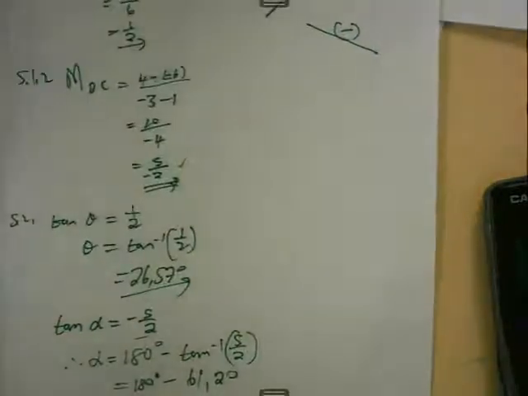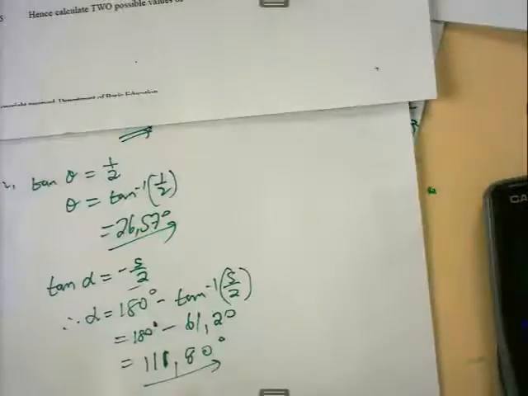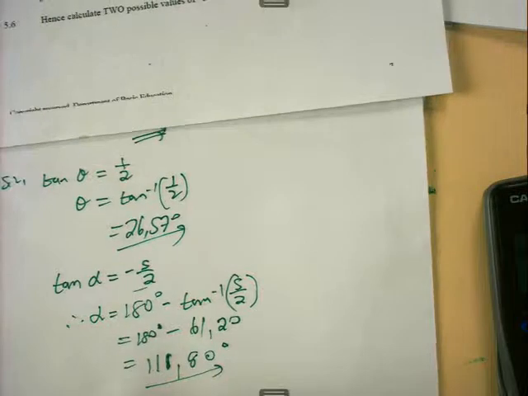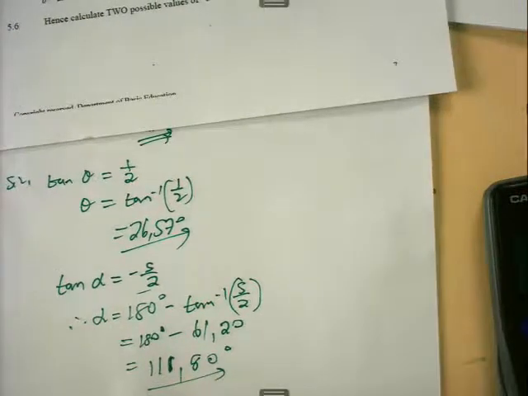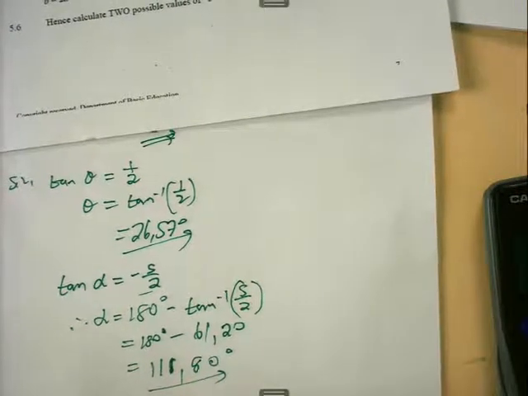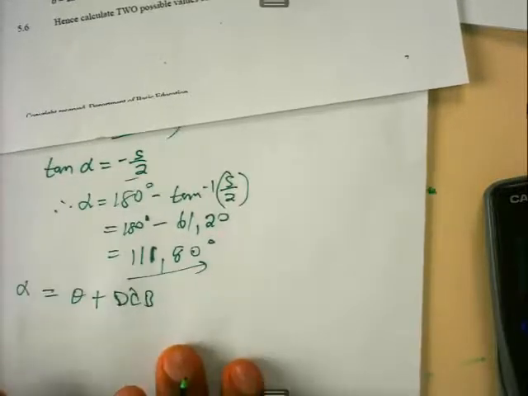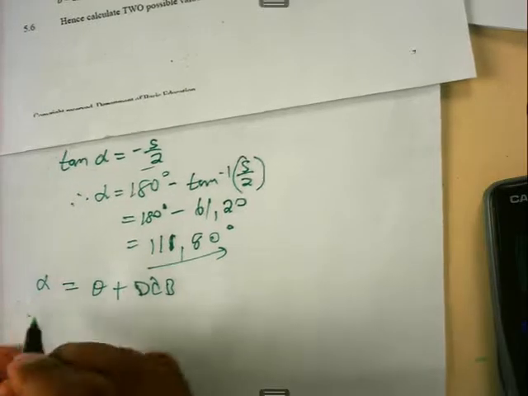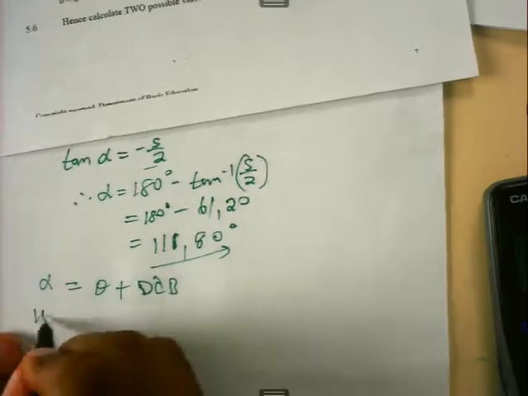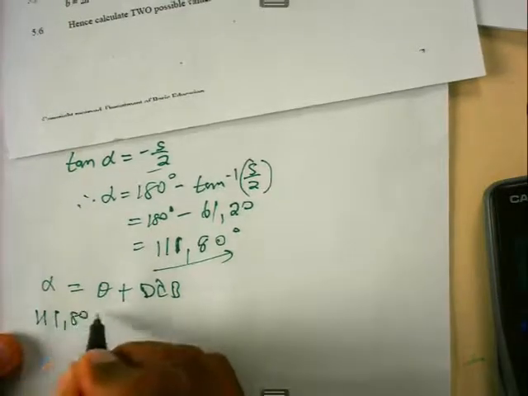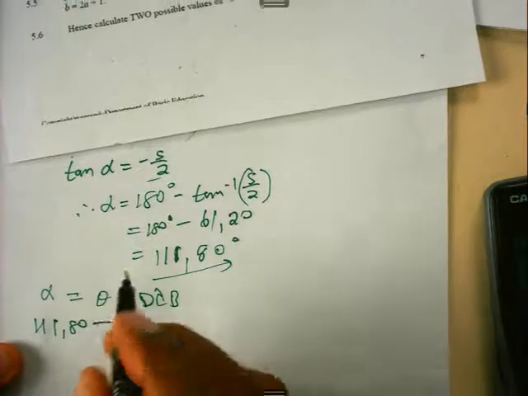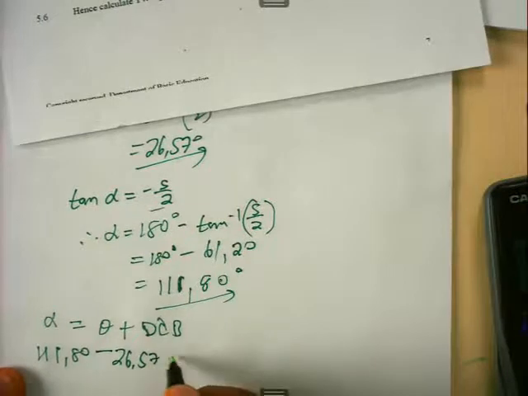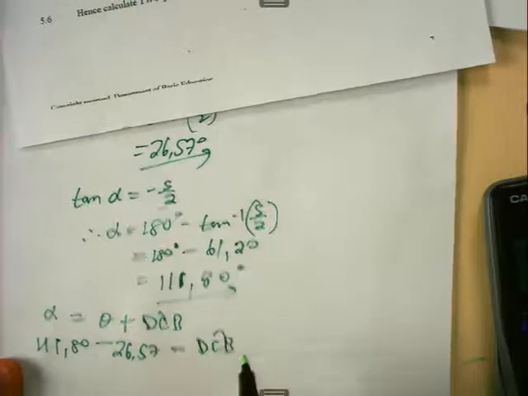Now I can say the angle alpha here is equal to theta plus DCB. Therefore, alpha is 111,80. Now we minus theta. What is theta there? It's 26,57, which is equal to DCB.